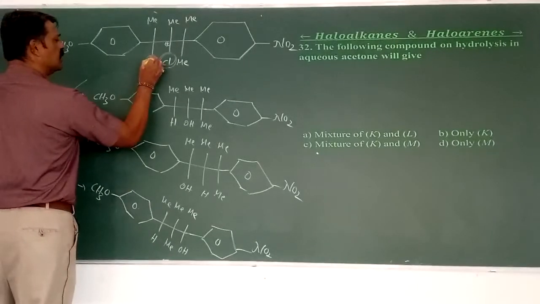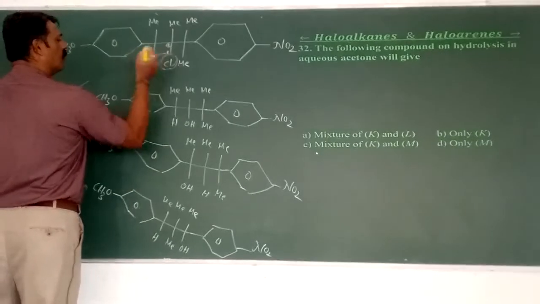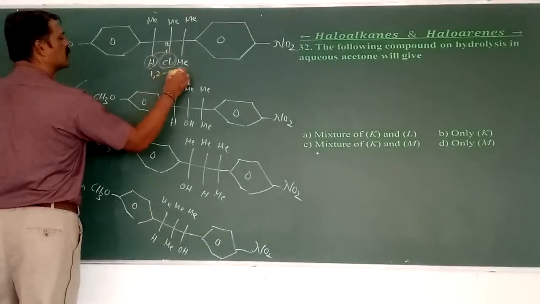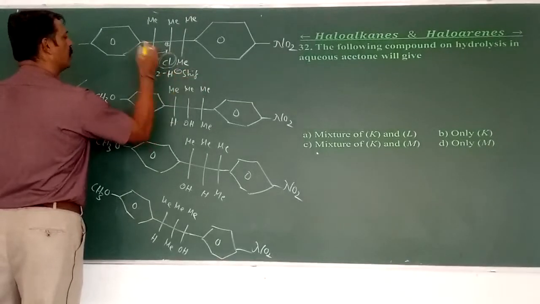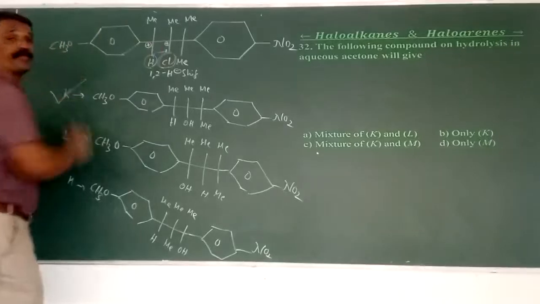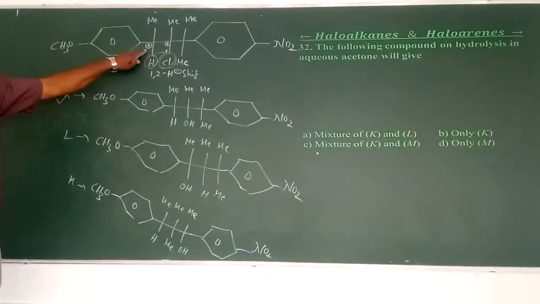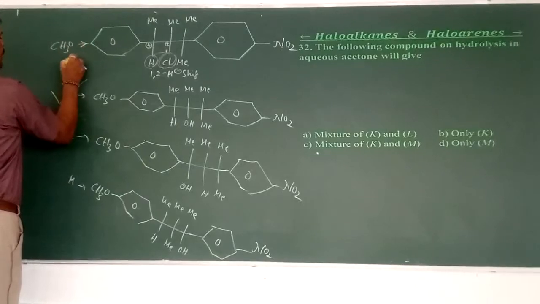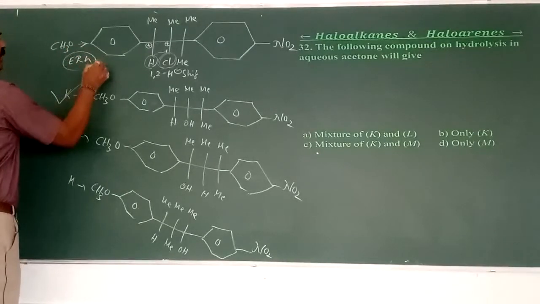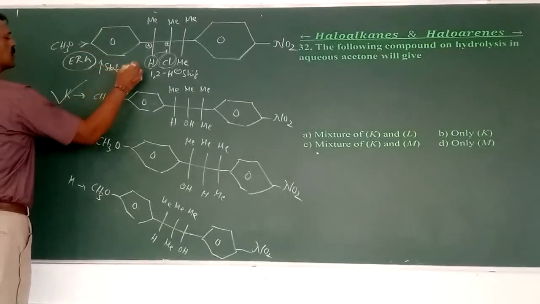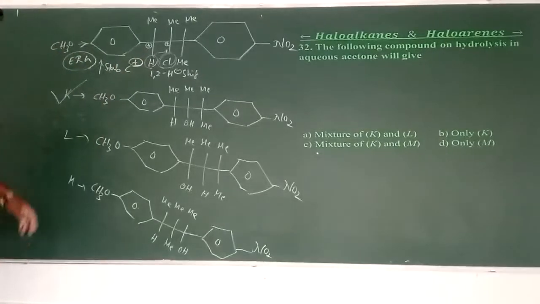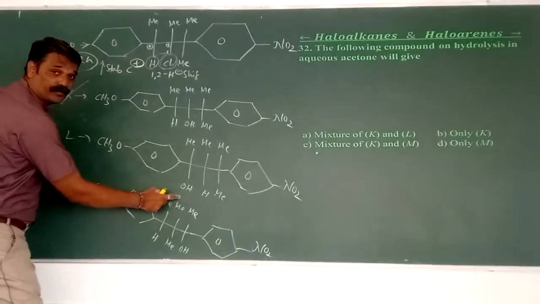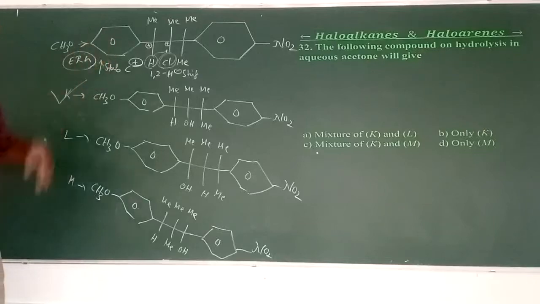And this is moving to this by a 1,2 H minus shift, such that the positive charge is here. But whether this positive charge carrying is going to be stable or unstable, as OCH3 is ERG, it increases the stability of the C plus. Therefore, I can have the possibility of this also. But not in case of this one.